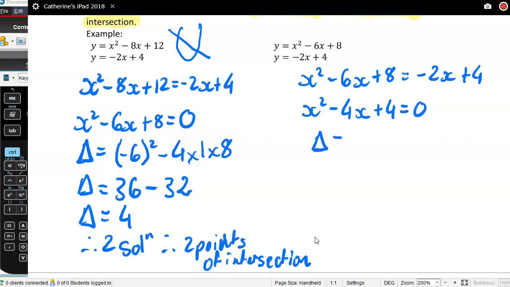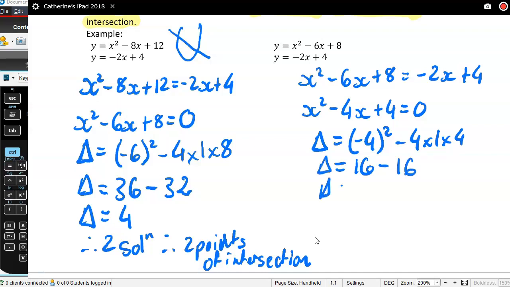So discriminant is equal to negative 4 squared minus 4 times by 1 times by 4, so 16. That's meant to be negative, isn't it? 16 take 16, discriminant equals to 0, therefore one solution, so 1 point of intersection.